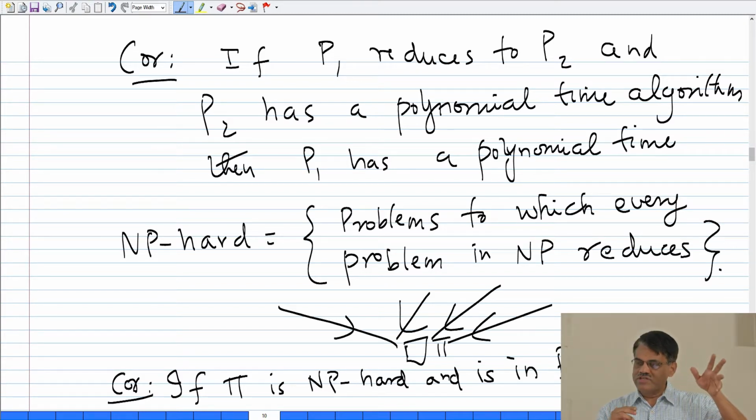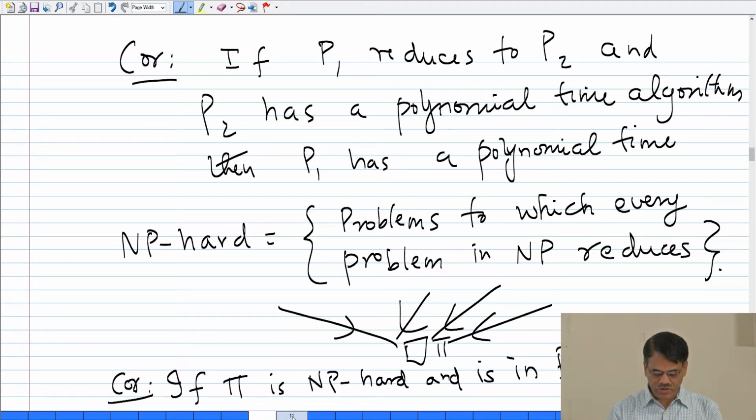The conversion is the same, G goes to G, that is the algorithm. And there is more work happening at the output level. The point is that we use a polynomial time algorithm for this problem, and we may do some modifications, whatever we do, to solve the original problem. Okay, so, that is what it is.